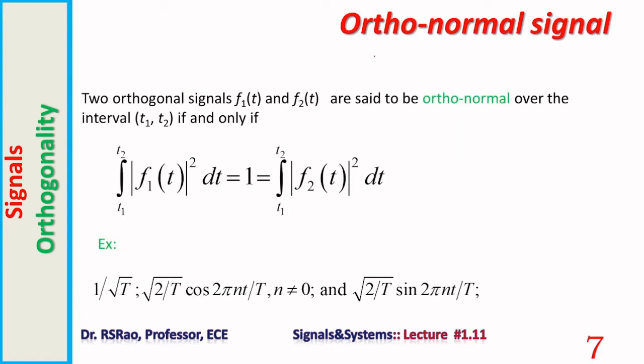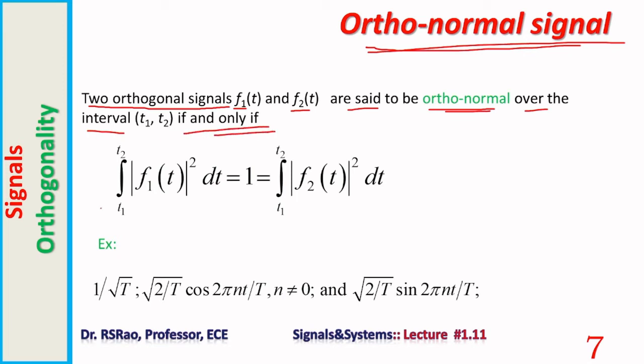Now, orthonormal signal. What is an orthonormal signal? Two orthogonal signals f1 and f2 are said to be orthonormal over the interval t1 to t2 if and only if integral t1 to t2 magnitude f1 square dt must be 1.